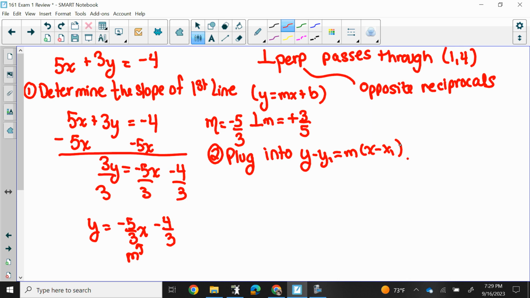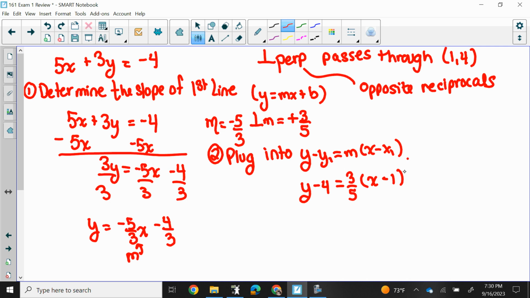And we just do our substituting like we did. So I'm going to do y minus 4 is equal to my slope, which is positive 3/5 times x minus 1. All right, now this is not pretty.